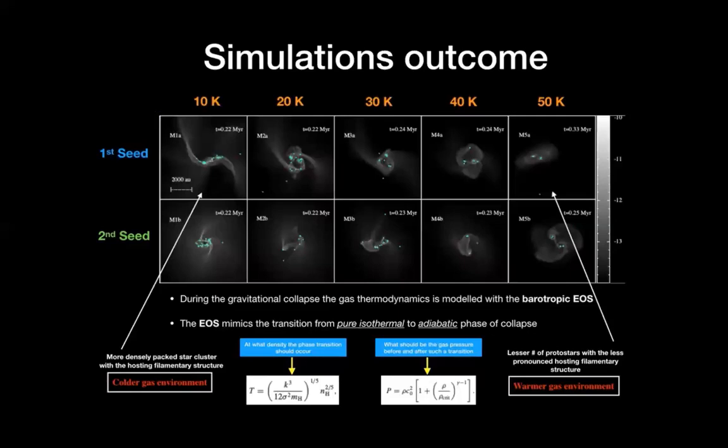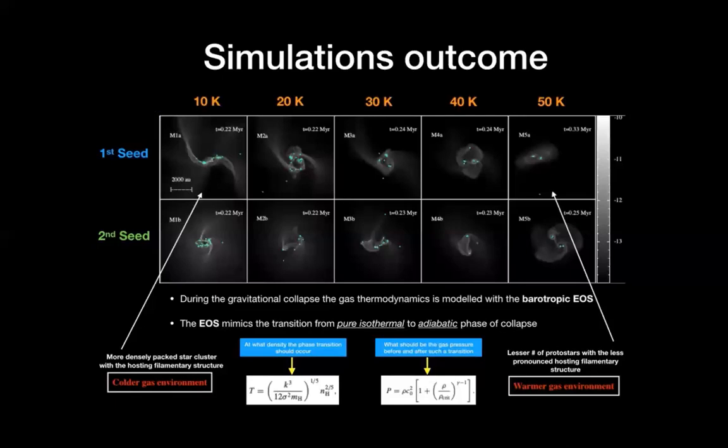However, it is also very important to notice how we carry on with the thermodynamics of the system. For this, we consider an equation of state called the barotropic equation of state. What we do is we try to mimic how the transition from isothermal to adiabatic collapse occurs in these star-forming cores.